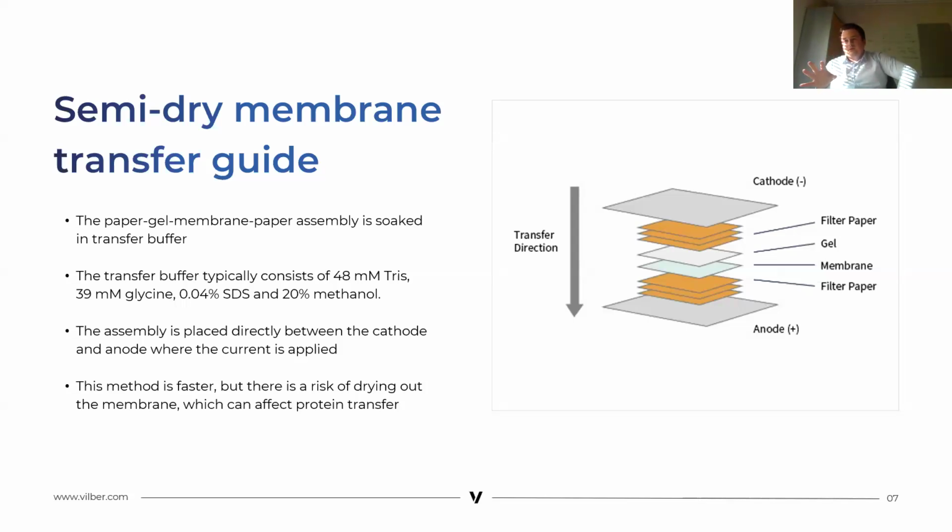However, there is a risk of membrane drying, which may affect the transfer. These kinds of techniques work well for routine applications and for small to medium proteins. But as I said, for high molecular weight proteins, it's better to use the wet technique.